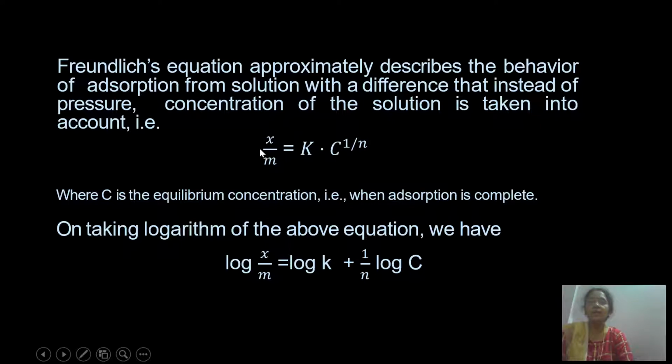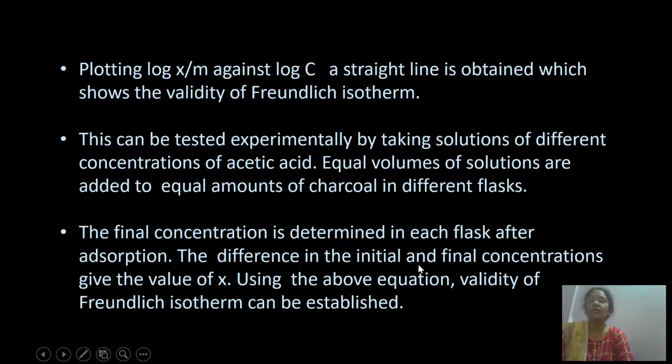On taking logarithm, log(x/m) = log k + (1/n) log c. That is the equation. If we plot a graph of log(x/m) against log c, a straight line is obtained. It shows the validity of the Freundlich adsorption isotherm.